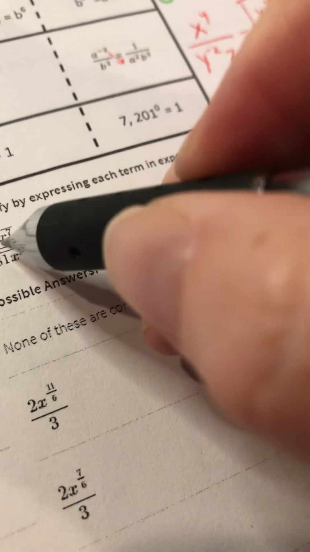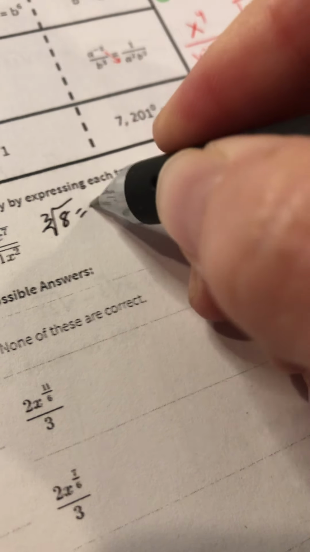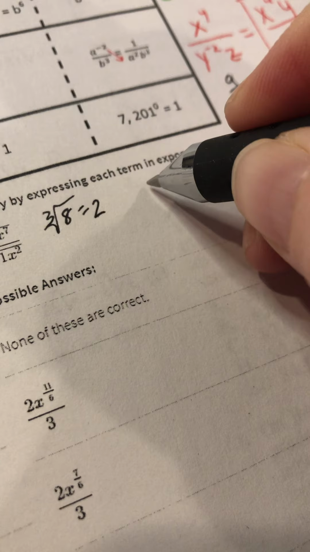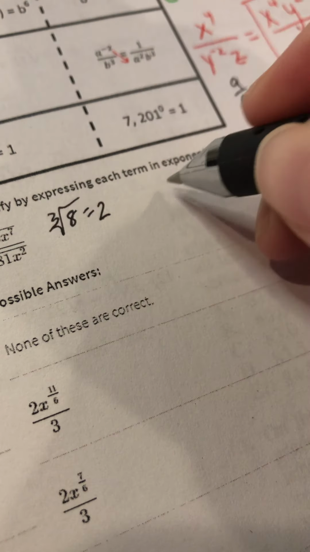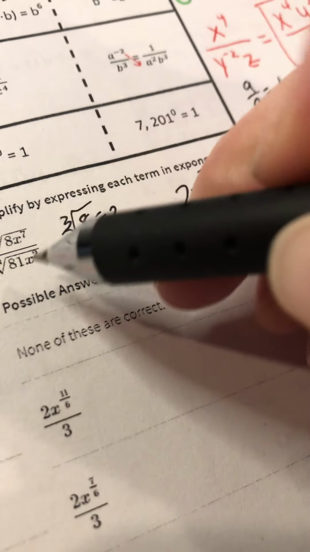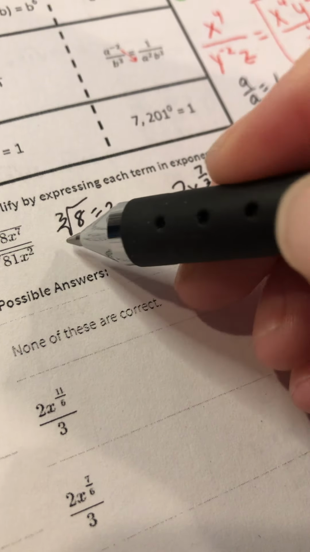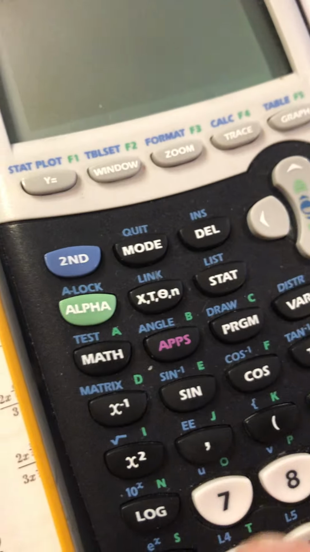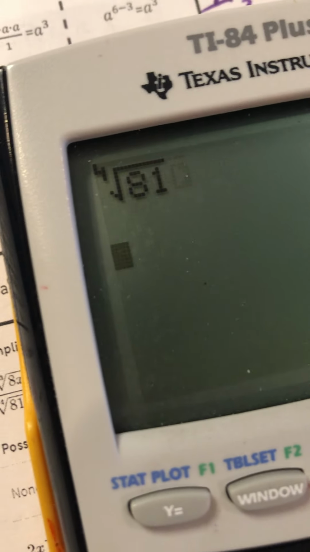Here we are. So we're going to actually take the cube root of 8, and the cube root of 8 is 2. So I would have 2, and then it says that's my root. So I'm going to say 2x to the 7/3 over the 4th root of 81, which is 3. If you don't know that, you can do 4 math 5, and you'd put in the 4th root.